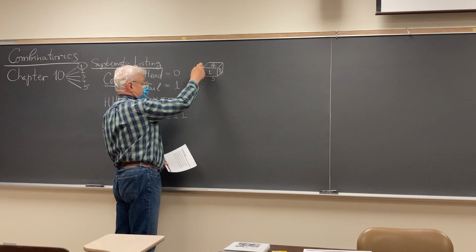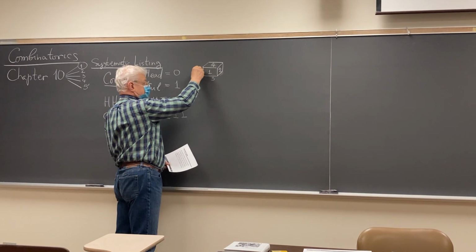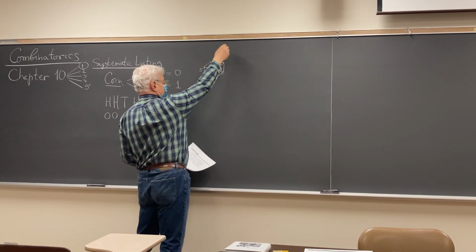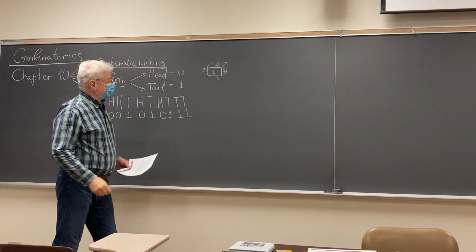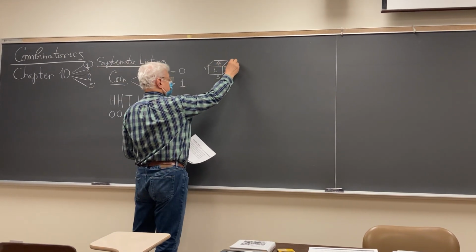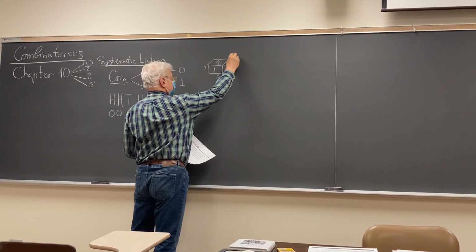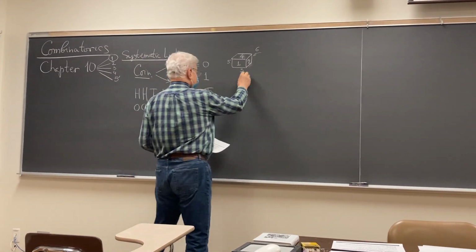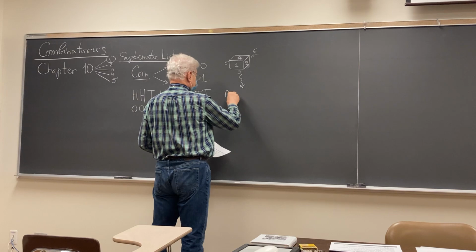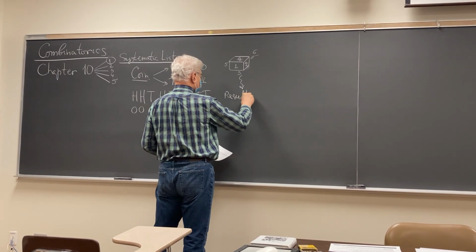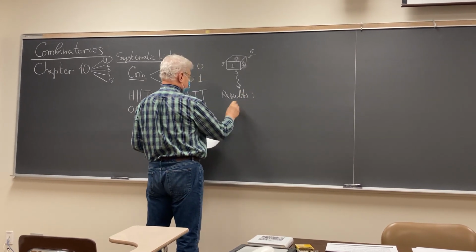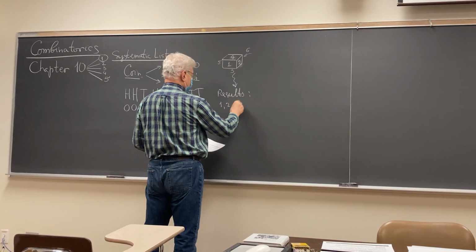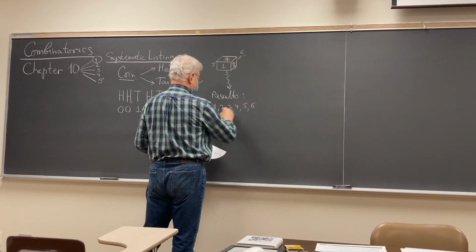On the bottom, on the left side is 7 minus 2, which is 5, and on the back part is 6. So you toss it, and the results are the numbers 1, 2, 3, 4, 5, 6.